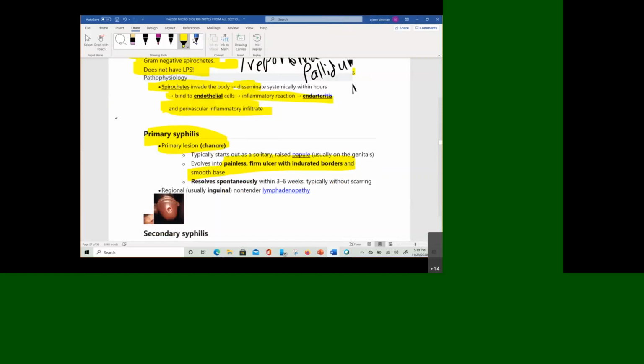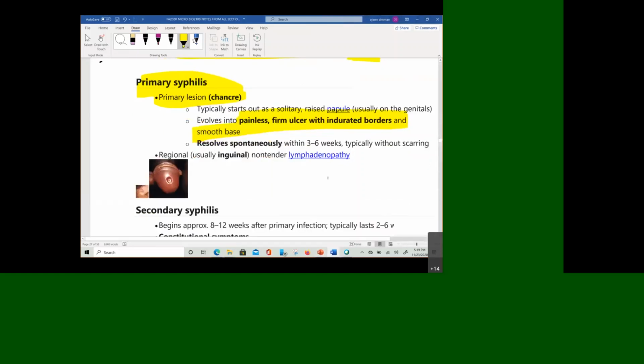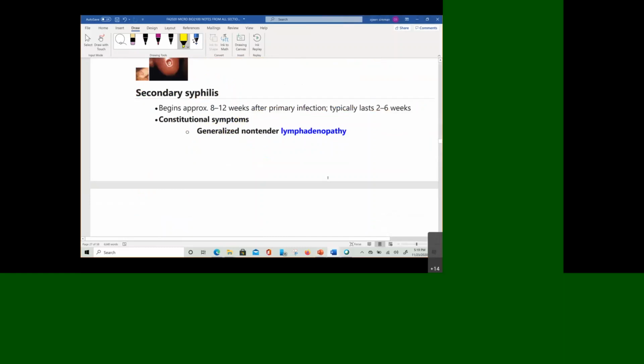In about 6 weeks, this ulcer resolves. It can resolve without scar. Then, about 8 to 12 weeks after the primary infection, patients can get secondary syphilis.